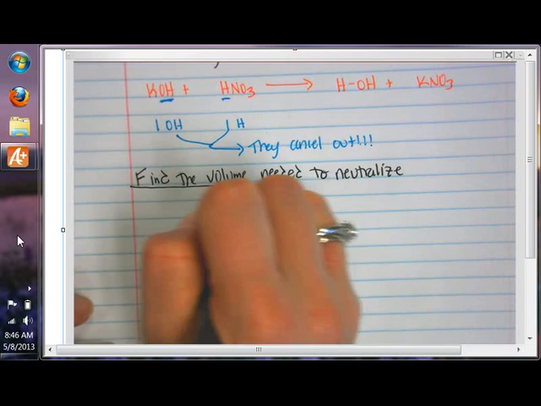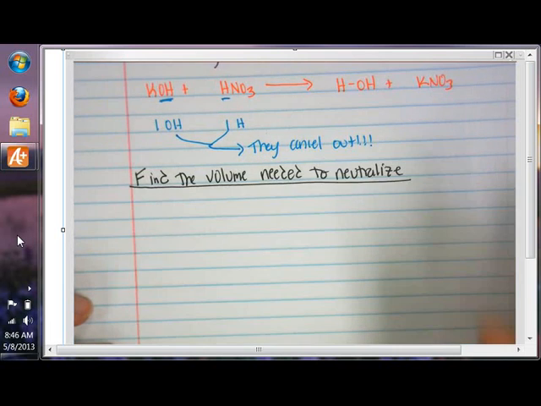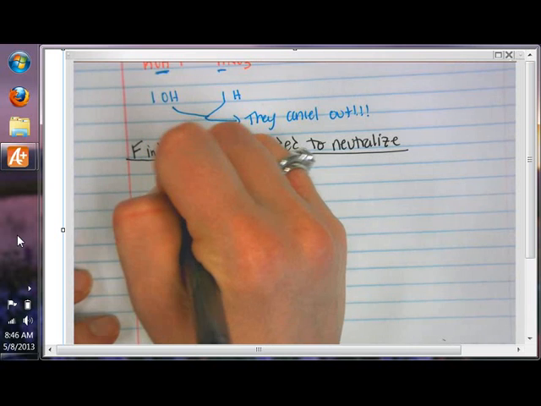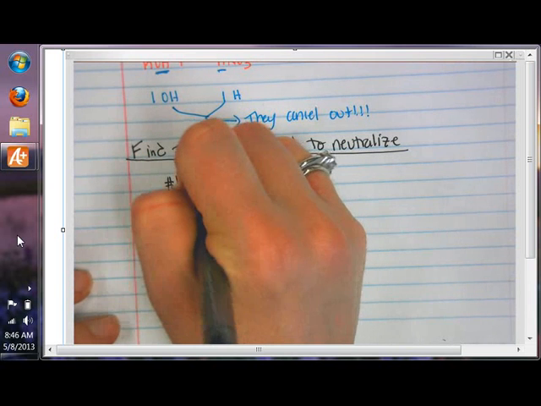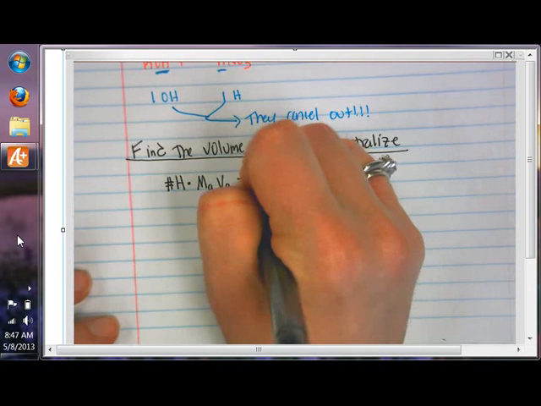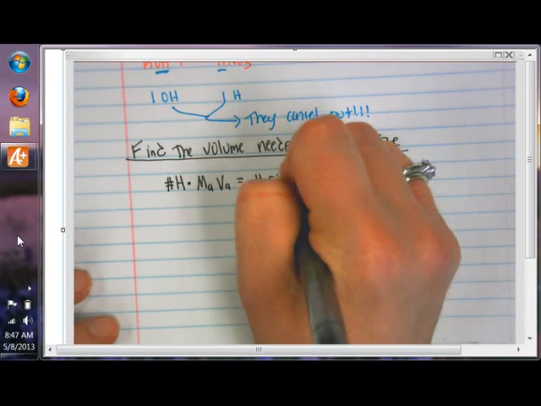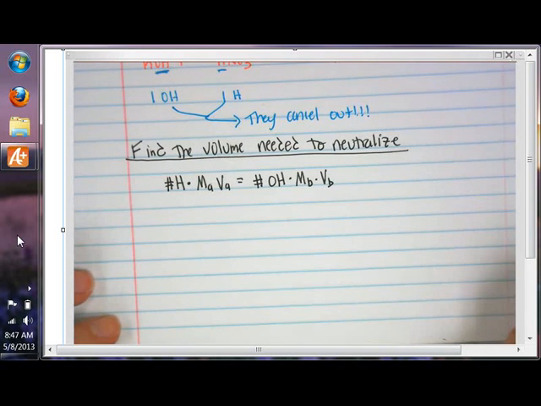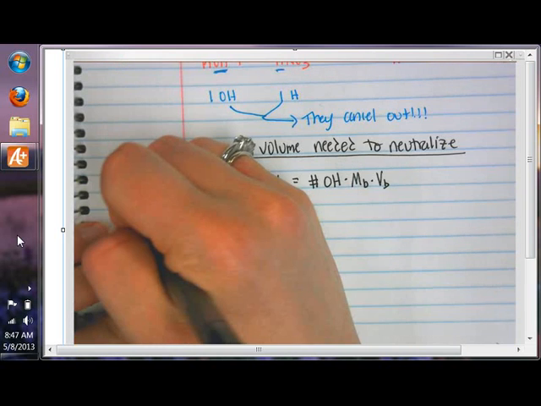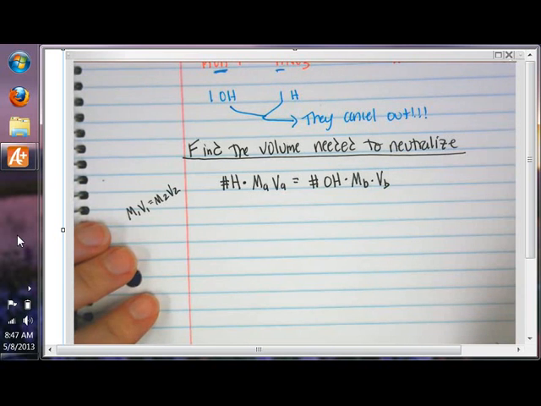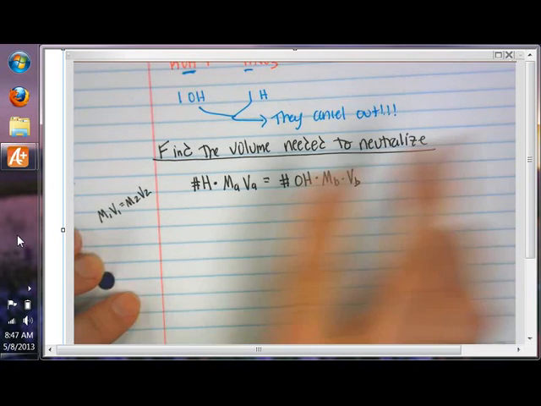Now this equation is going to be number of H's times MA VA equals number of OH's times MB VB. This is the same exact thing as M1 V1 equals M2 V2. Same exact thing, people, except just a little bit more difficult. We're just adding hydrogen and hydroxide.